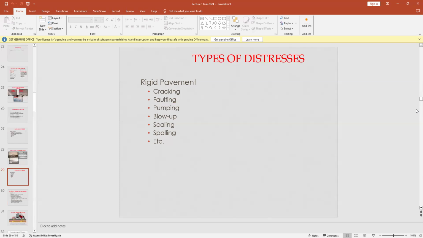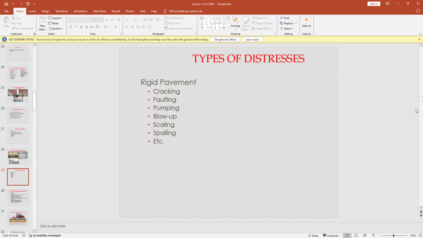It comes out from some place, again because of the bottom problem, the pumping, and sometimes frost action. There is scaling. Scaling is just like bleeding in asphalt concrete, in which the skin of the PCC comes out, so you won't find a fair-faced concrete.